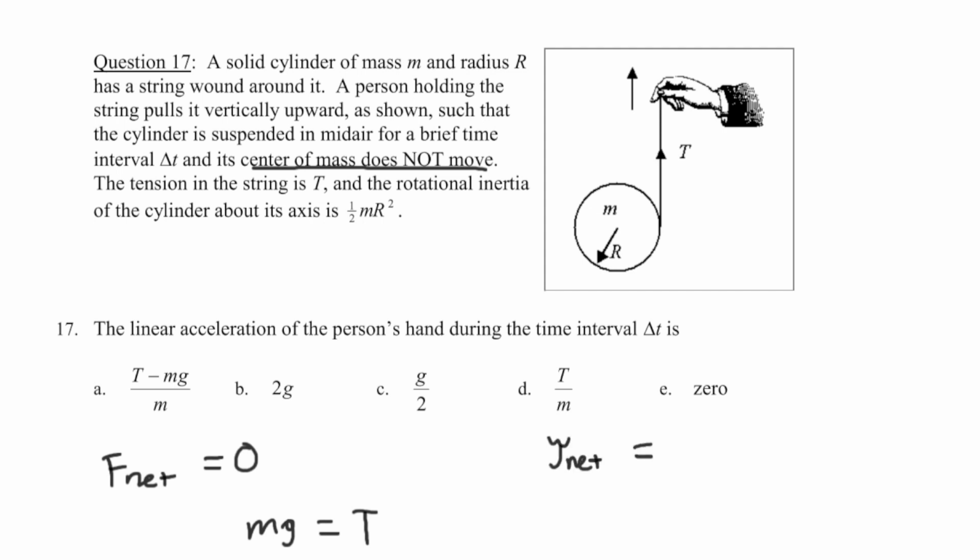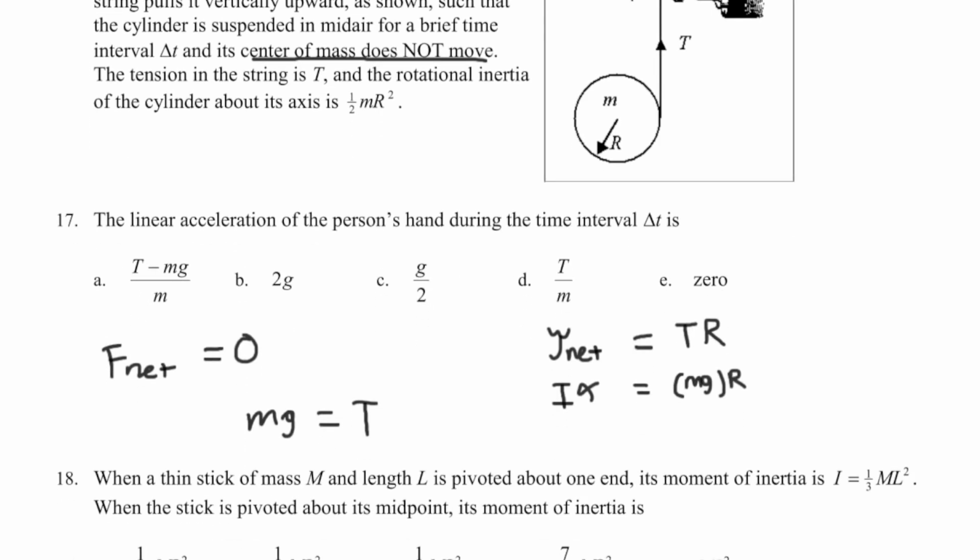So, the torque on the system is just going to be equal to the tension force, T, applied at a radius r away. But also, we know that torque is equal to I alpha, and we know that tension is equal to mg. We said moment of inertia is 1/2 mr squared.